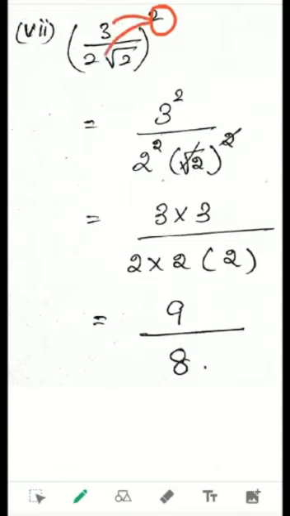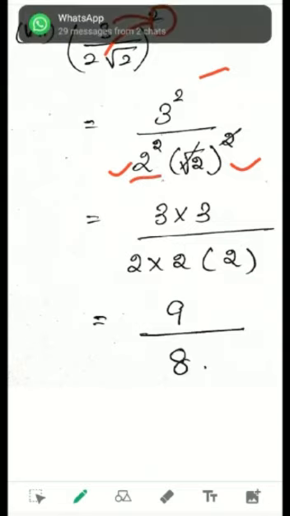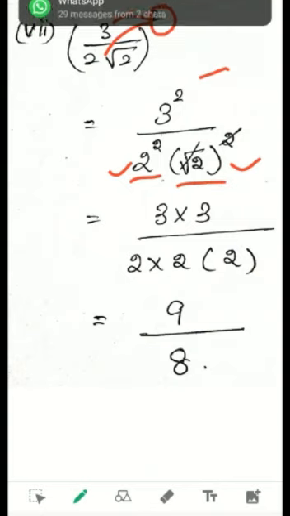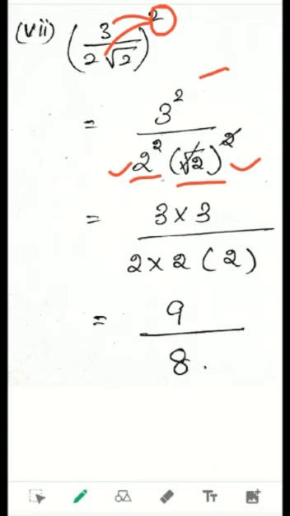Now I have taken the square for the numerator and the denominator also. In the denominator we have two numbers, 2 and √2, so each we have to separately raise to the power 2. That's why I have written 3 power 2 divided by 2 power 2 into (√2) the whole power 2.